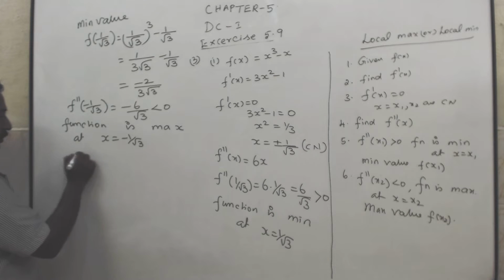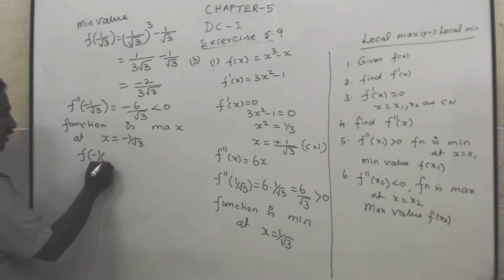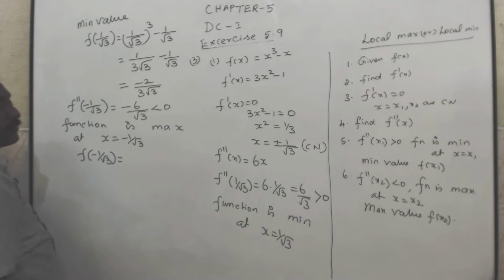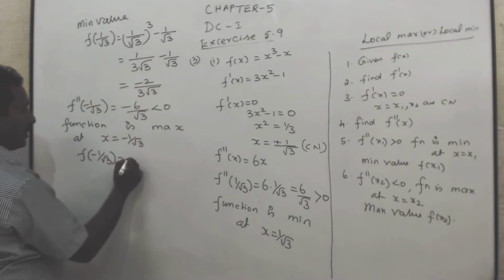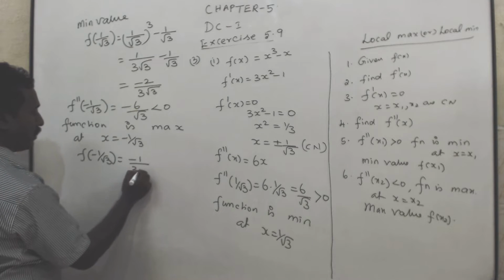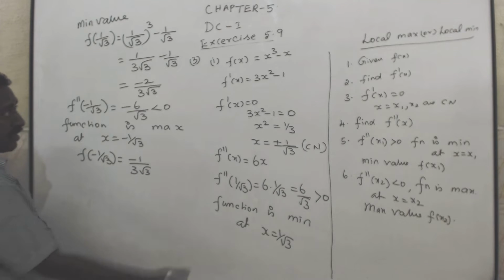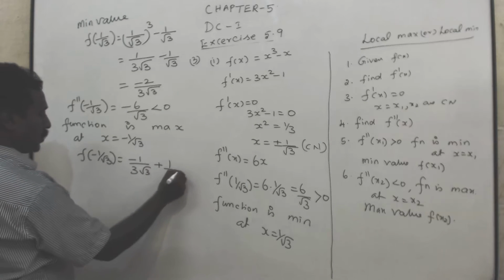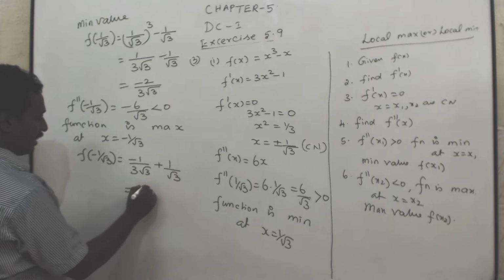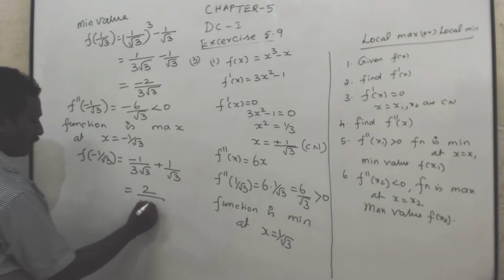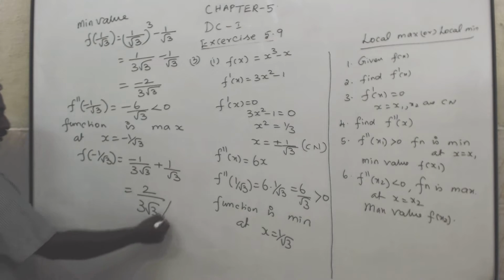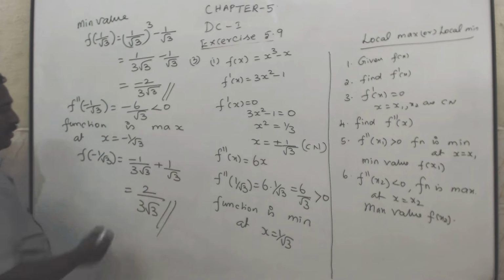If you want to find out maximum value, f of minus 1 by root 3: minus 1 by root 3 cube is minus 1 by 3 root 3. Minus of minus 1 by root 3 is plus 1 by root 3. Taking LCM and simplify, 2 by 3 root 3. This is maximum value, this is minimum value.